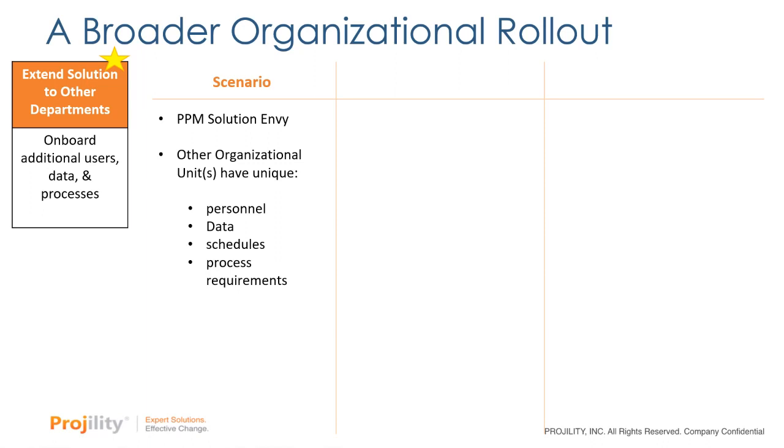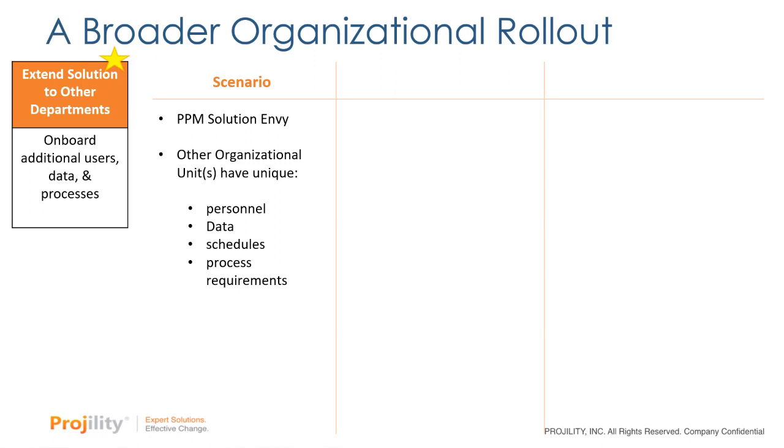All right. Extending to another department. So basically, you've had an originating organizational unit that's had a successful PPM solution implementation, and this usage catches the attention of some other organizational units that coexist with you. Maybe you are the originating successful organizational unit that has put the solution in place.